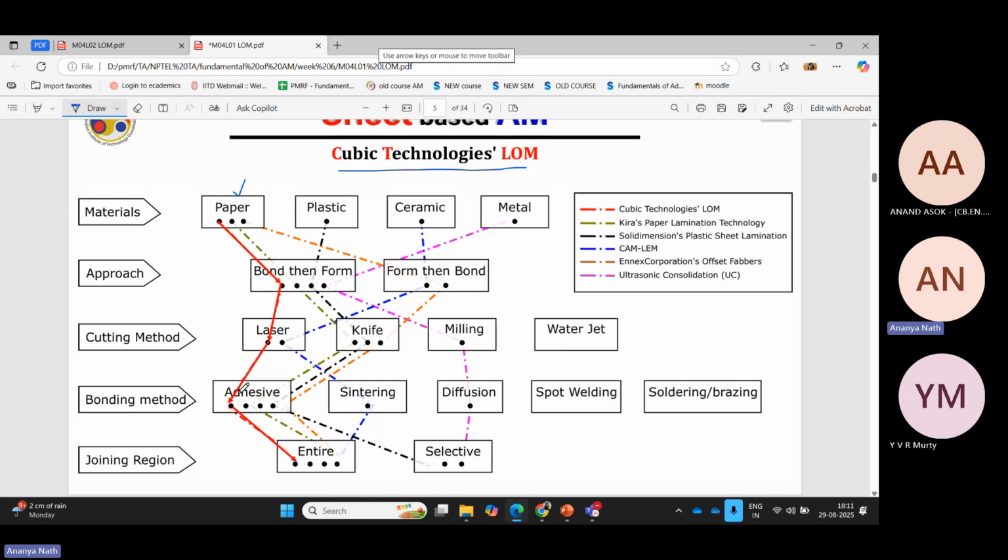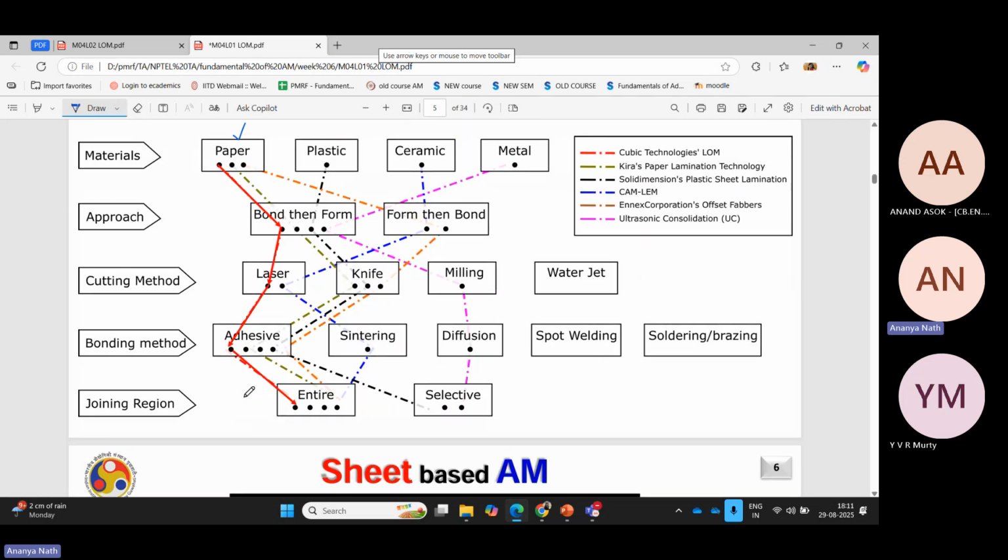That means the papers will be adhered to each other by some means of glue or pressure, and the entire region is joined. Then after the process is done, the whole extra part will be cut from the entire bunch of paper.